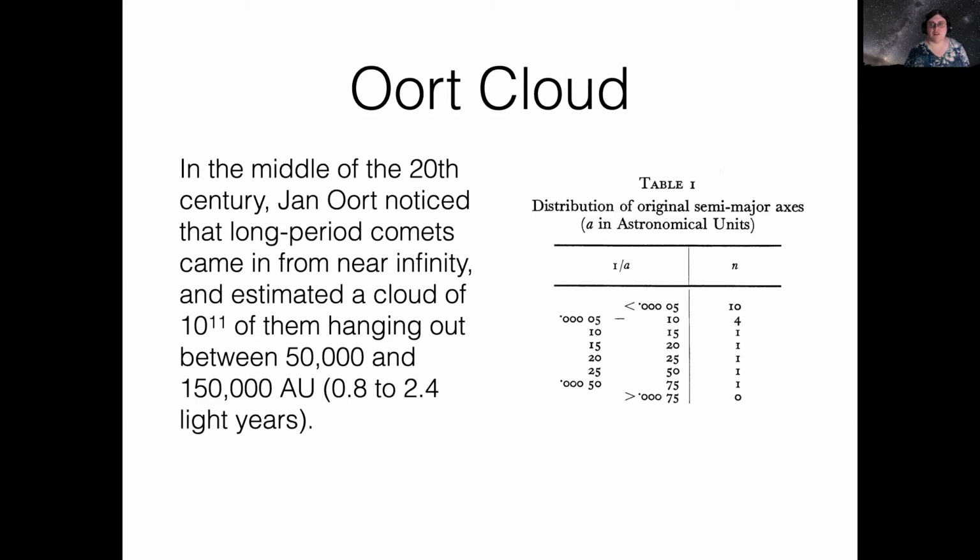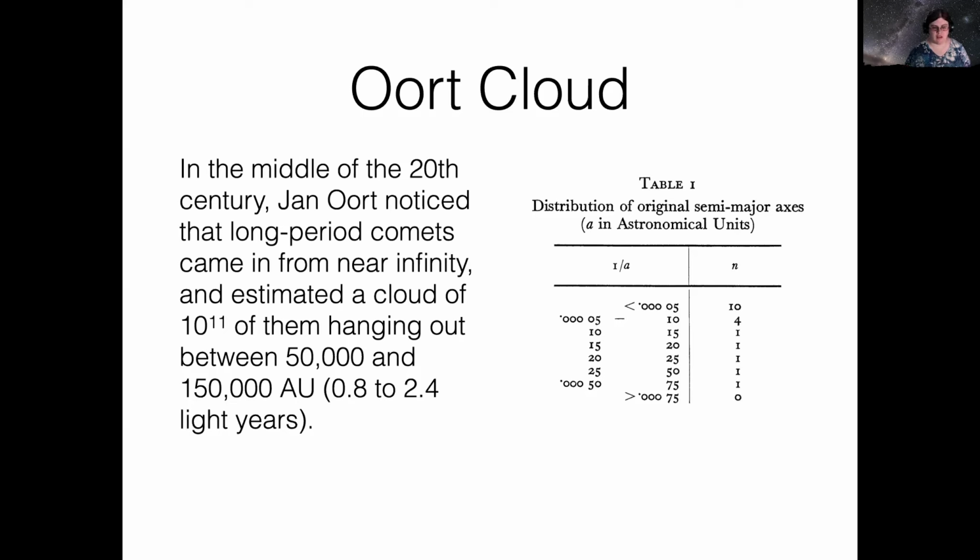Now, let's talk about the Oort cloud. In the middle of the 20th century, Jan Oort was considering long period comets, and he noticed they all seemed to come in from basically infinity, from essentially outside the solar system. And he started trying to do the math. We know comets vaporize.